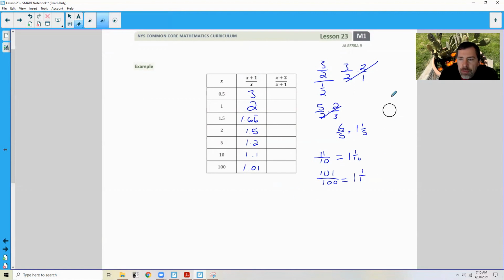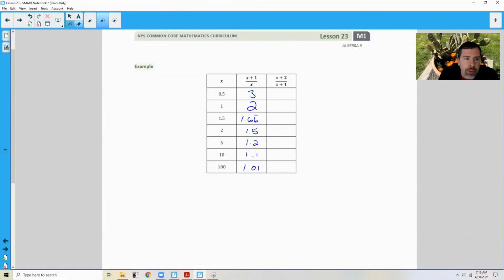Now let me get all my messy work out of the way here. Alrighty, and let's switch to purple this time. So we have 1/2 plus 2 over 1/2 plus 1 equals, well, this is going to be 2 and 1/2, which is 5/2, divided by 1 and 1/2, which is 3/2.